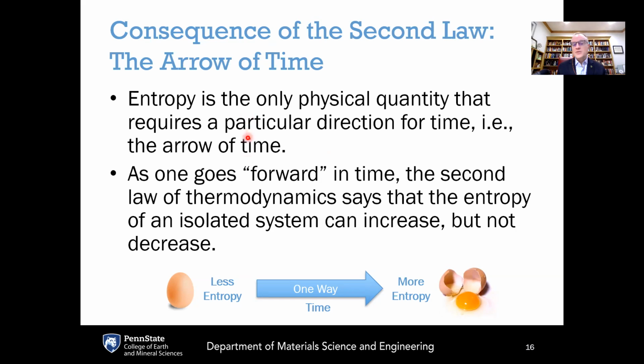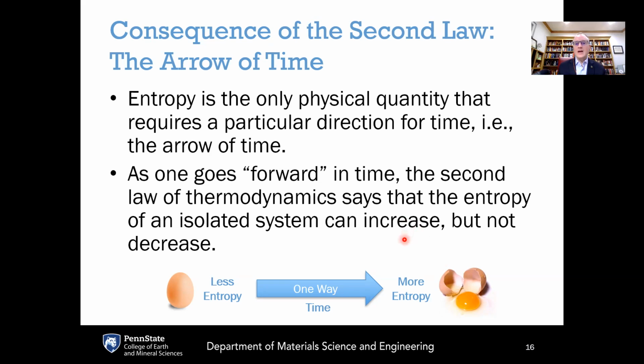Now, getting back to this direction of time, as one goes forward in time, the second law of thermodynamics states that the entropy of an isolated system can increase, but not decrease. In other words, moving forward in time moves the universe from a state of lower entropy to a state of higher entropy, and not the other way around.